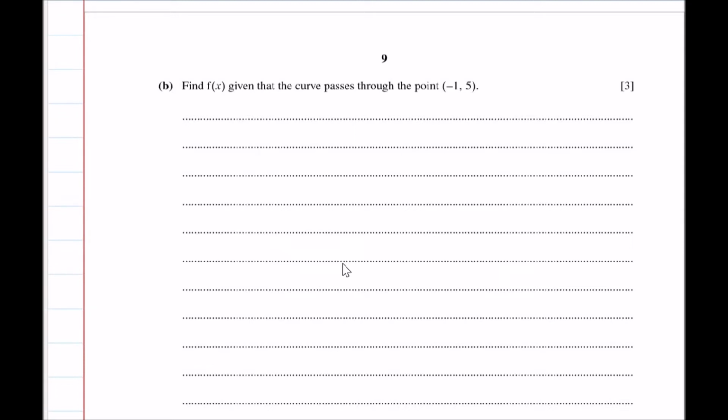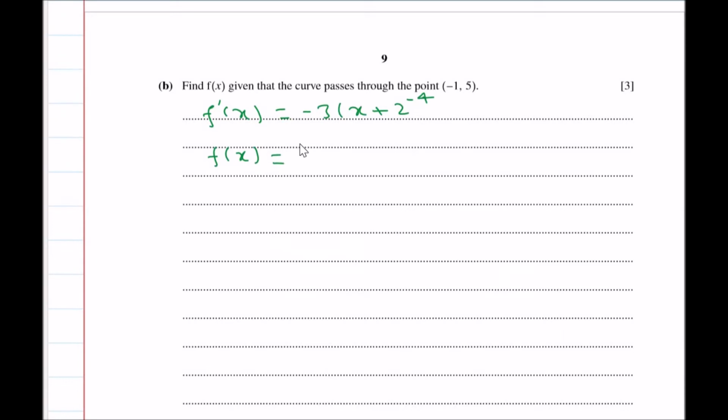And 1 point is given for finding the constant of integration. So let us write the function f dash x we have been given, and that is minus 3 into (x plus 2) to the power minus 4. So let us integrate this, then we will get f(x).